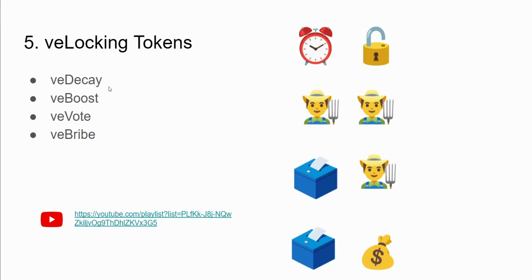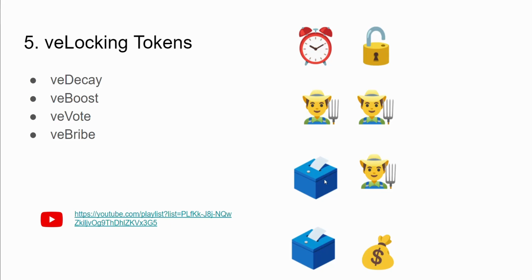So the way they usually do this now is if you want to be a citizen of this small community, then you need to lock your tokens to prove that you have skin in the game. Now, some protocols don't require locking in order to vote, but most of them, or at least any of them that have VE locking mechanisms, usually give the voting rights to the people who have VE locked the tokens.